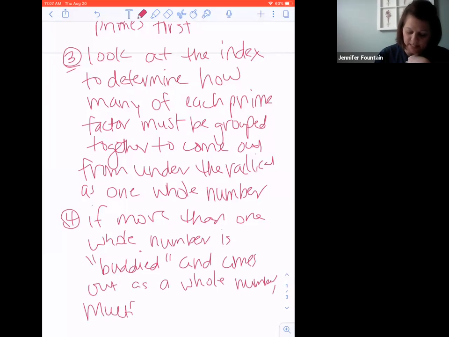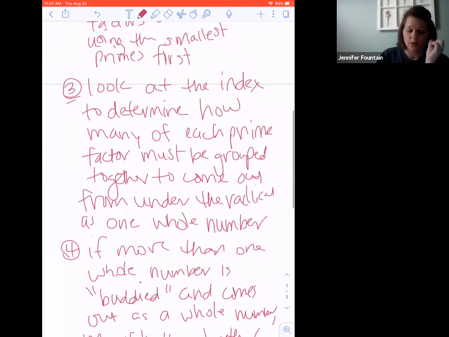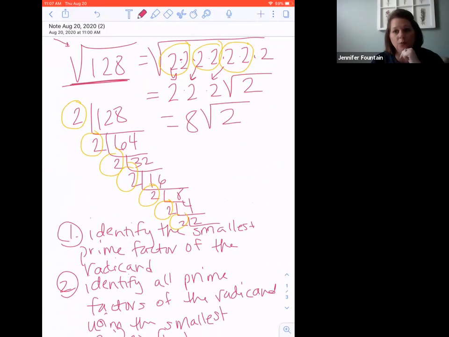Multiply them together. So now what I'm going to do is take whatever whole numbers came out and multiply them together. So in this example, I have 2 times 2 times 2. 2 times 2 is 4, 4 times 2 is 8, and then I have the square root of 2 left under the radical because it could not be buddied.